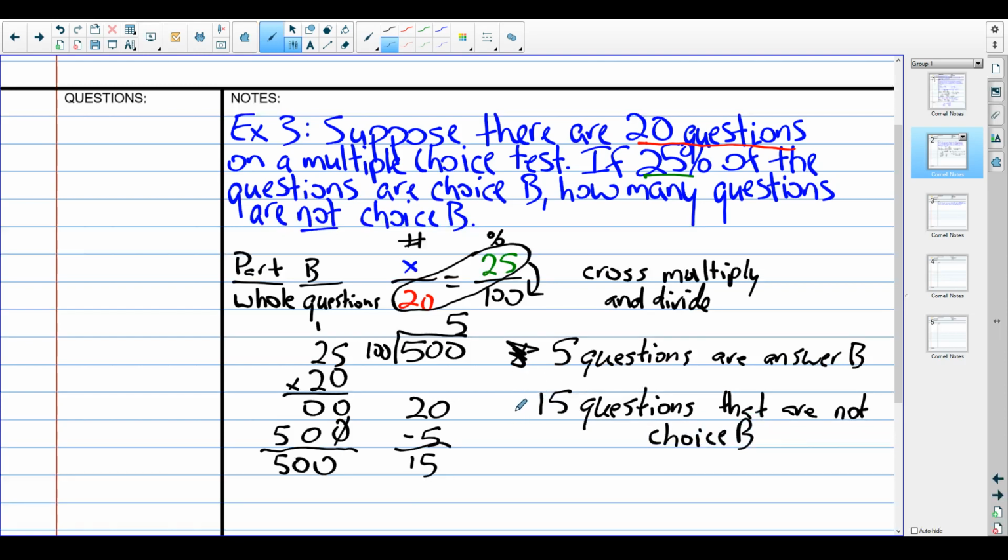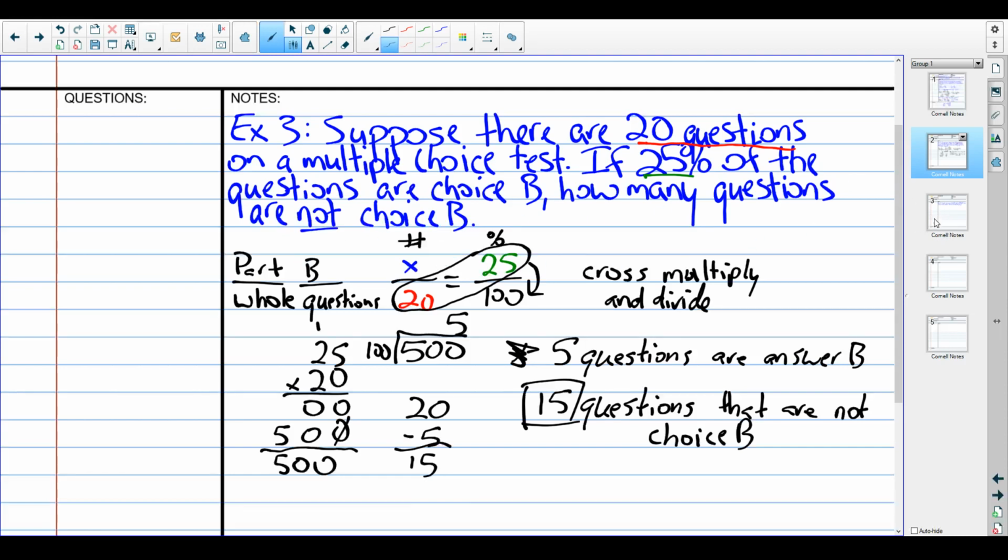So the actual answer is 15. Okay. So sometimes we still use the proportion, but sometimes we have to do math after the fact. And you have to be careful, because a lot of people will do the proportion, get 5, and be like, boy, I did it, I'm happy, this is my answer. And they forget to actually answer what they're being asked to answer. So don't make that mistake.